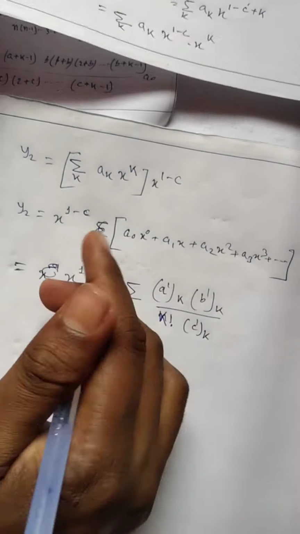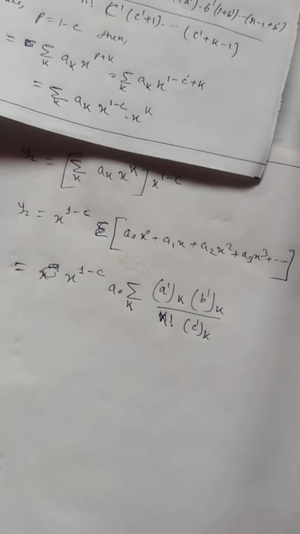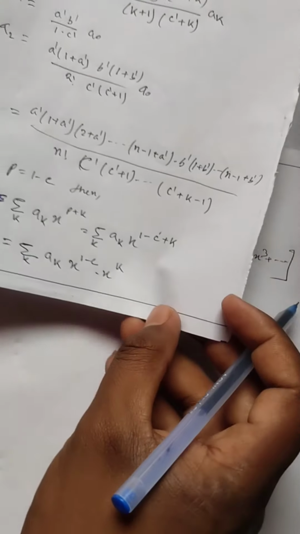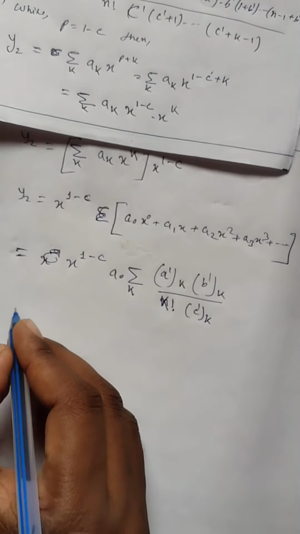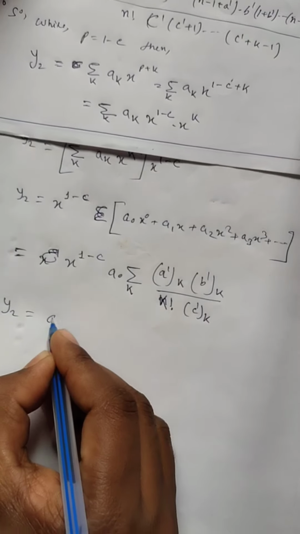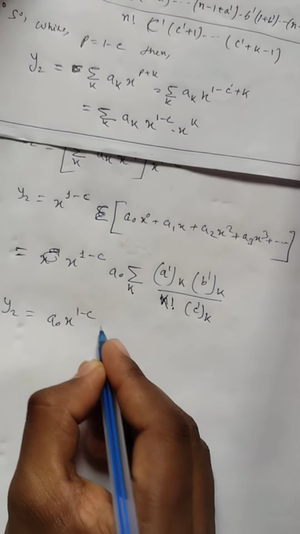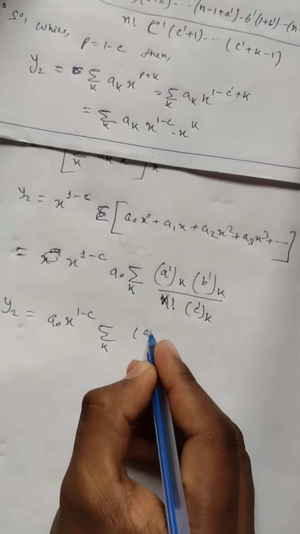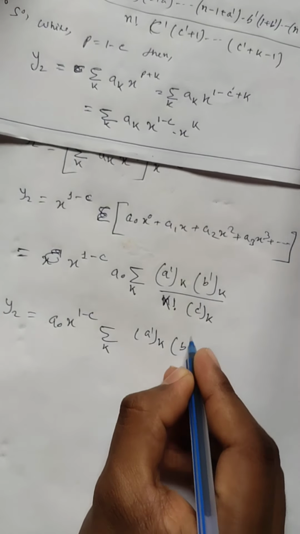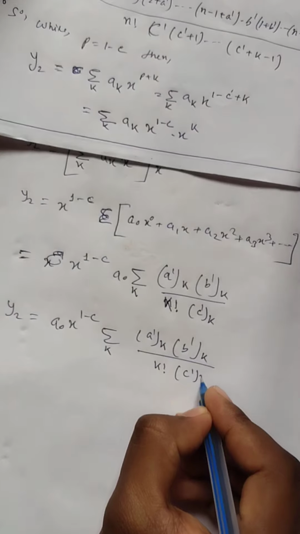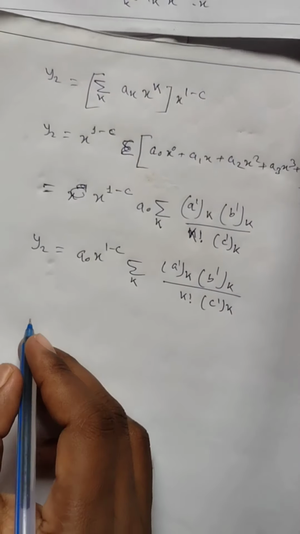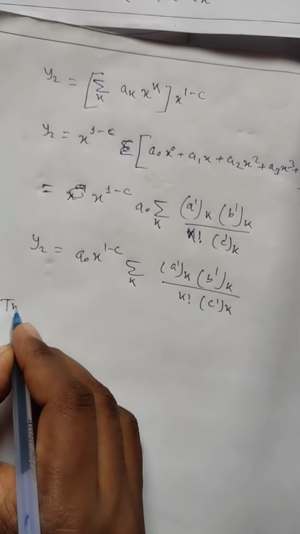Here all steps will be similar to the previous when we put p equal to 0. So equal to a naught x to the power 1 minus c, the sum of a prime k b prime k over k factorial c prime k.